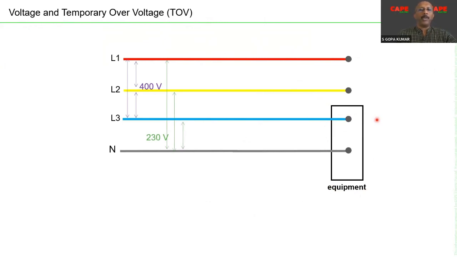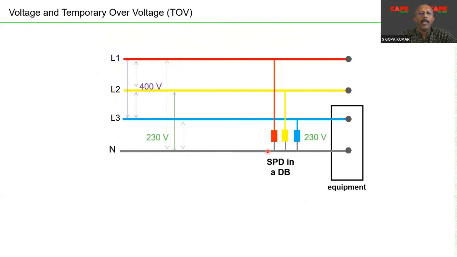I am sure there is no confusion on this particular case. 400 volt between the lines, 230 volt between the line and neutral, but 230 probably it is not 230, it may be 240, 400 maybe 415 or 440. That is not the issue. But in a normal condition, your voltages are stable, and now you see three SPDs are connected between line and neutral.